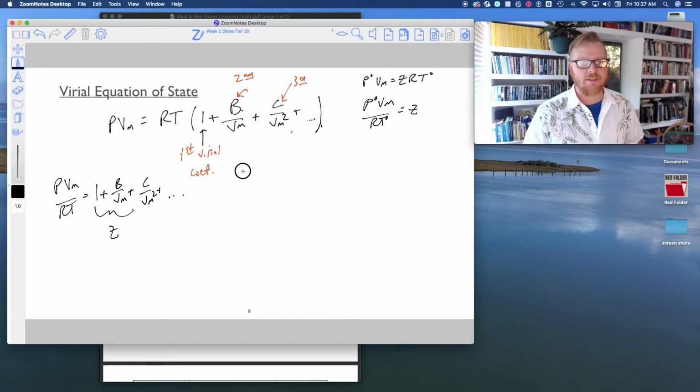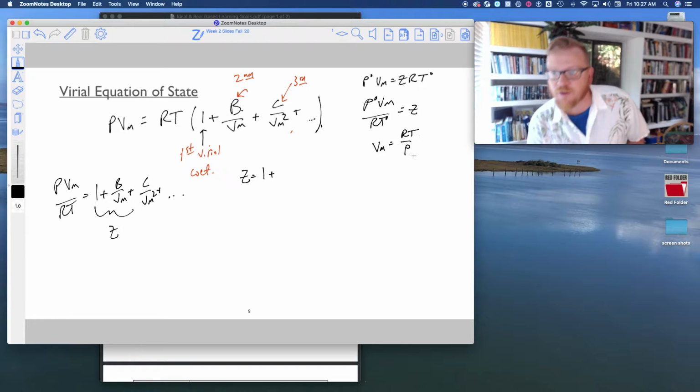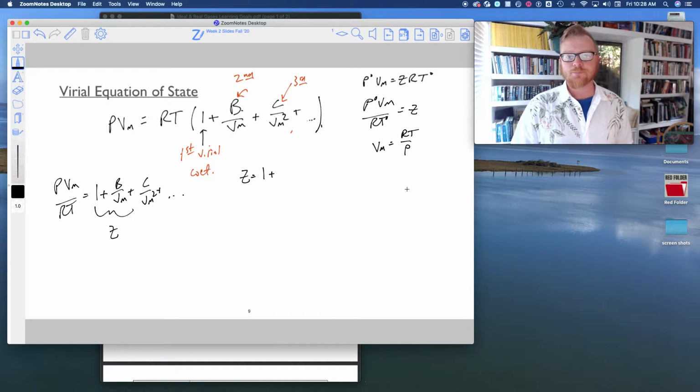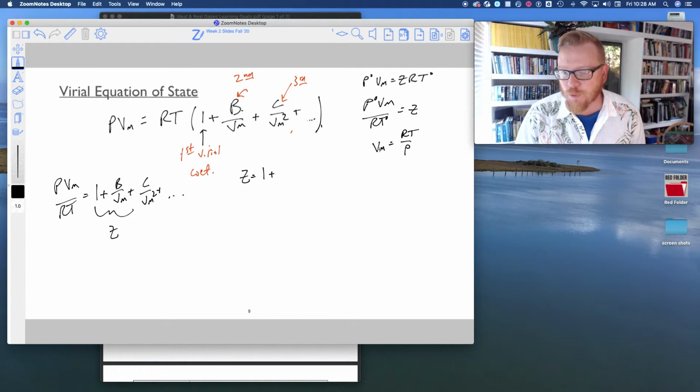Okay, so now I can say Z equals 1 plus, and I'm going to do something different here with this Vm. I'm going to remind you now that this Vm, the observed molar volume, is just RT over P without these standard notations, okay? We really try not to confuse ourselves with all this differing notation. So this molar volume is our observed molar volume at whatever the pressure and temperature are, okay?